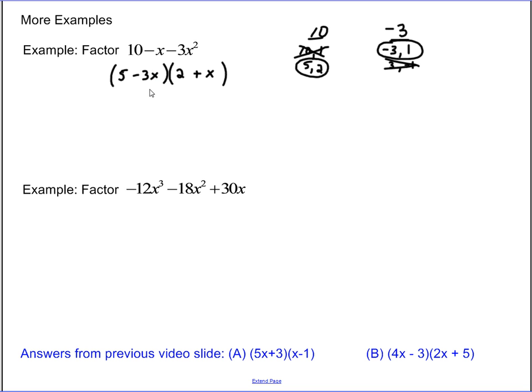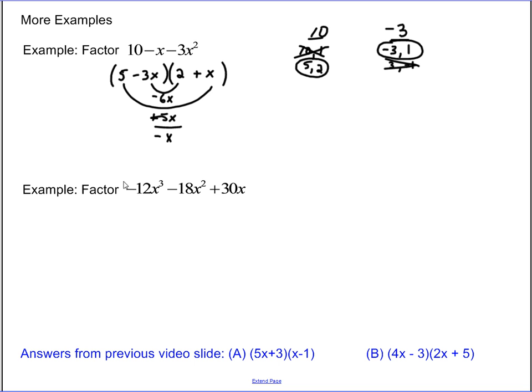Well, we're going to have to check our inner and outer terms. When we take -3x times +2, that's -6x. So far, so good. And then we take 5 times +x, we're going to get plus 5x. And when we check those two middle terms by addition, we get -1x. And that is our middle term right here. So it appears that this is our factorization, 5 minus 3x times 2 plus x.